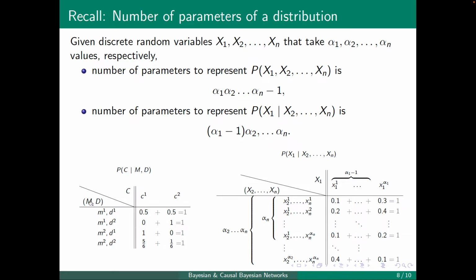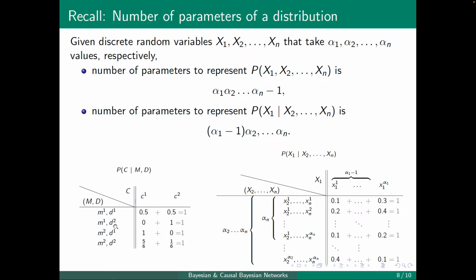So here, for example, m is the variable, and m1 means the first value of this variable. d2 means the second value of this variable d. So here m1 is basically false or 0, and m2 is true or 1. Or it can be the other way around.